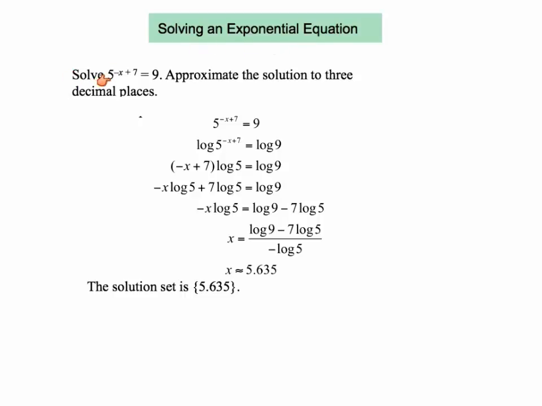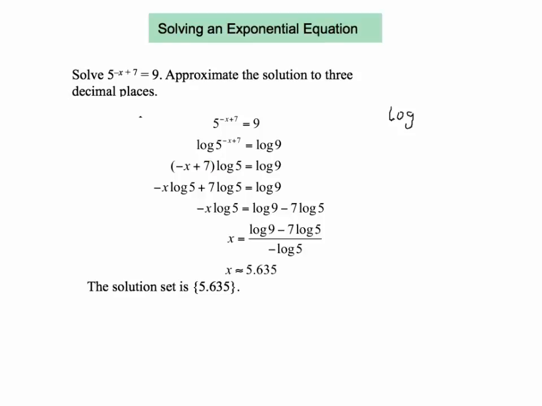Solve an exponential equation. We're going to solve 5 to the power of minus x plus 7 is equal to 9. To solve for x, you need to take a log of both sides. So I can move these exponents right in front of the log so I can solve for them.